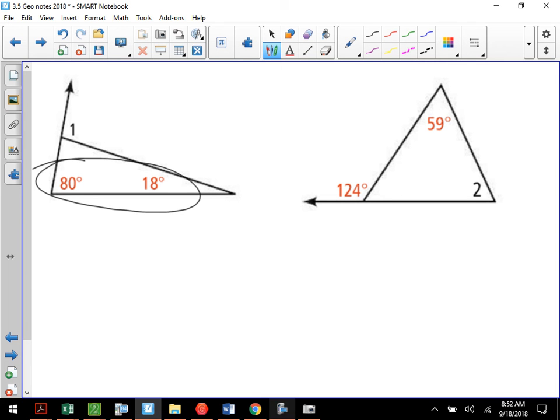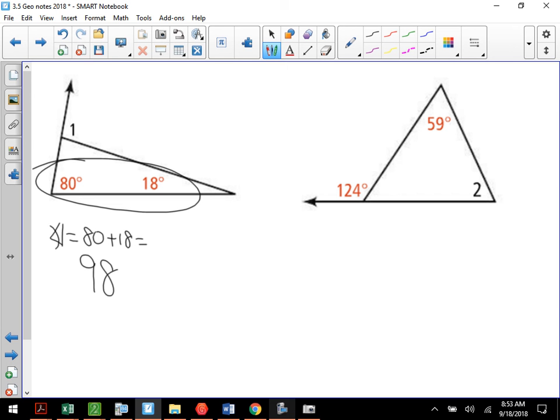It does not touch the angle of 80, and it does not touch the angle of 18, which means angle 1 has to equal 80 plus 18, otherwise known as angle 1 will equal 98 degrees. It equals the sum of the two it doesn't touch.